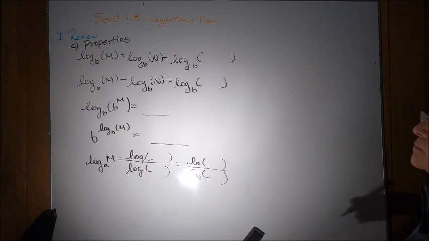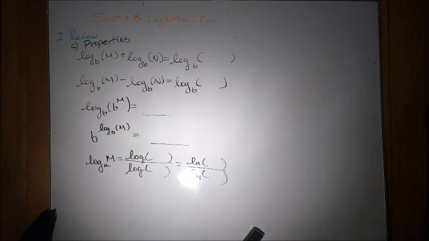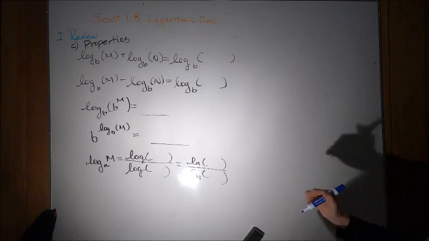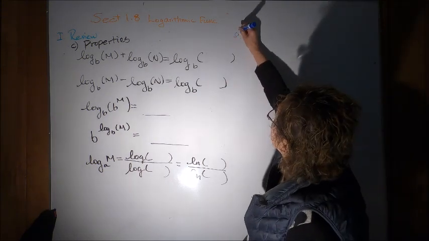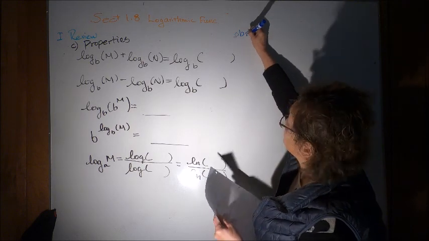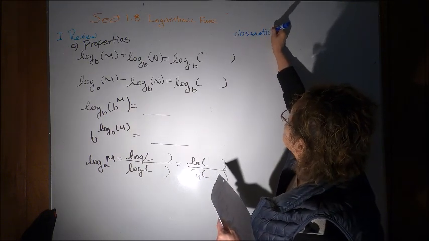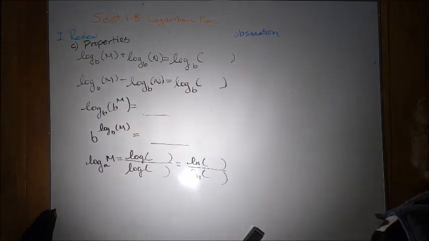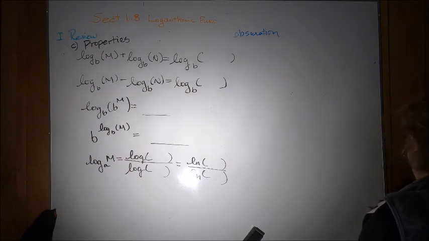Let's review some properties of logs. Those were discussed in your previous algebra class, but we do it again. So let's do some observation, then we will relate back to the properties.